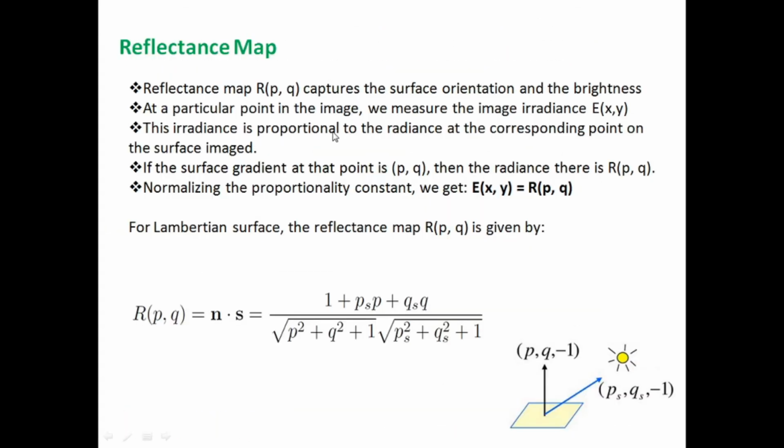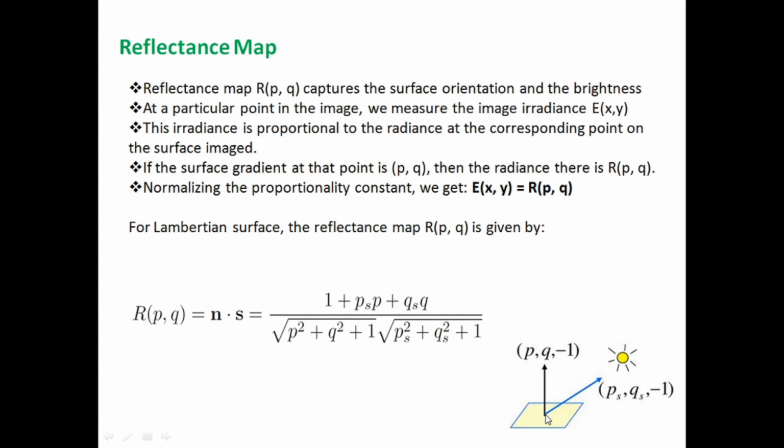So this irradiance is proportional to the radiance at the corresponding point on the surface imaged. That was the surface being imaged. If the surface gradient at that point is P comma Q, then the radiance there is R of P comma Q.